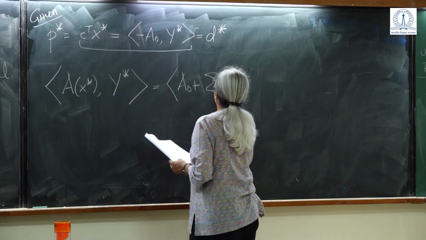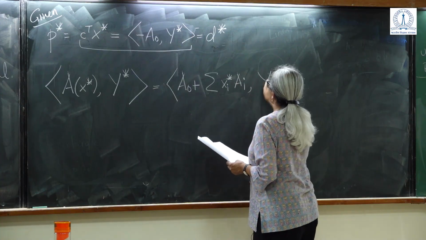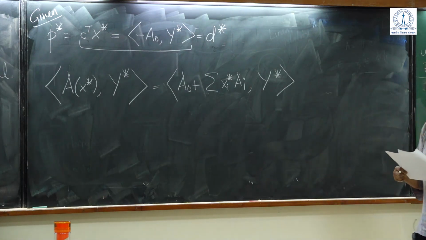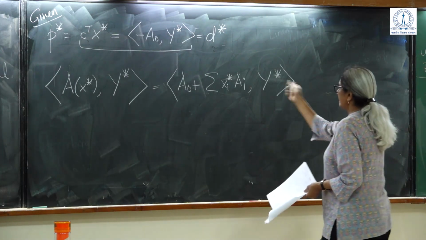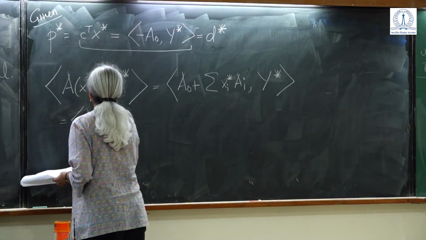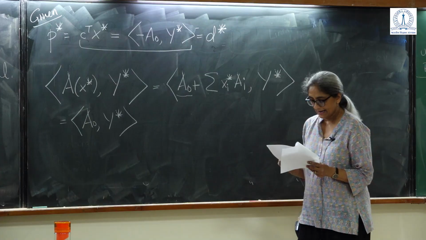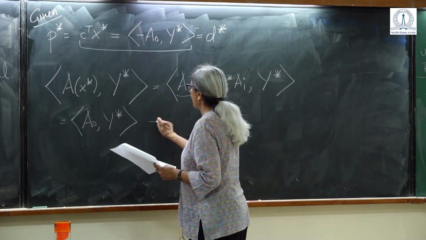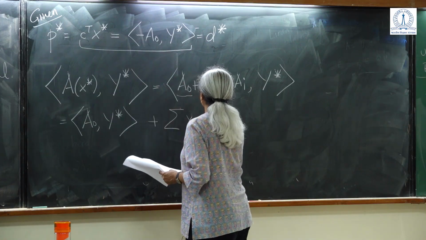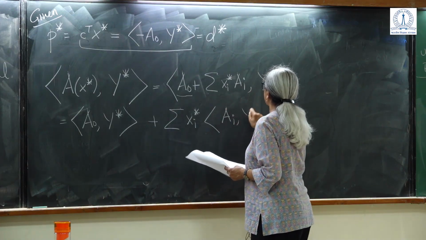So this inner product is equal to A0 plus sum of Xi star Ai, inner product Y star. I just wrote out the A(X), the pencil part. Then the inner product distributes over the sum, so this is equal to A0 inner product Y star, plus the sum, and I can even pull the Xi star out, and then I have Ai inner product Y star.